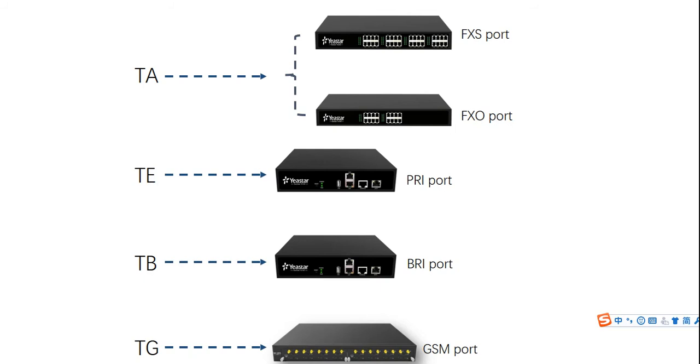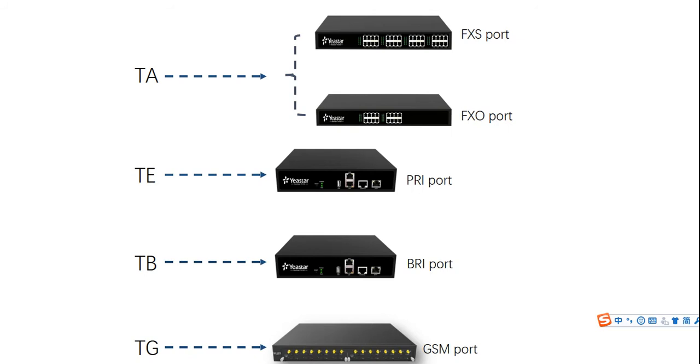That means the gateway will transcode and transfer the analog signal to SIP data packages and send it to the PBX. So this is exactly why it is called a gateway, and we take advantage of this feature to realize interface expansion.